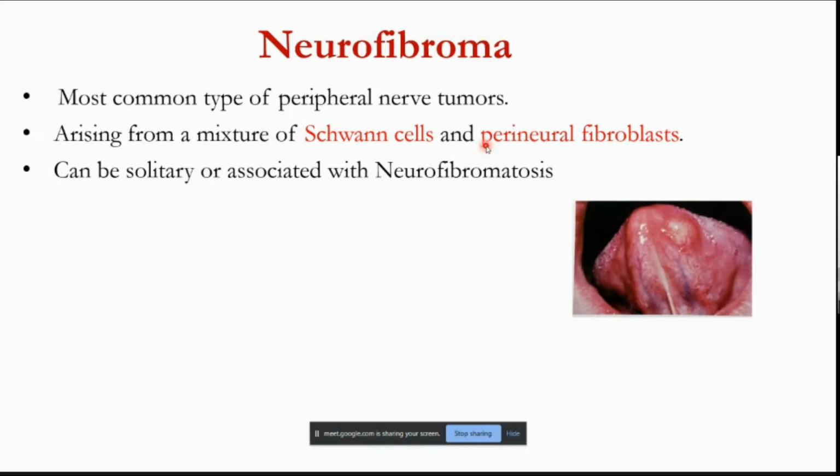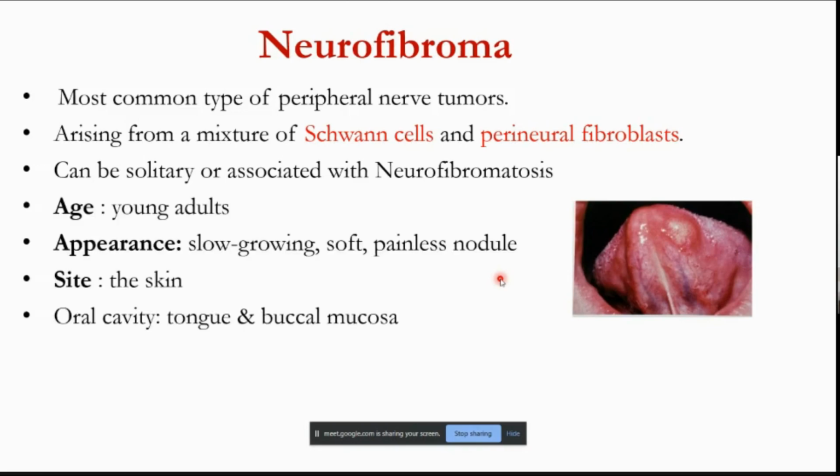It can be solitary, that is single in number normally, like you see here on the tongue intraorally, but when it is associated with what is called neurofibromatosis, you see a lot of them all over the body. It's not just one, there are plenty, a lot of them in number.